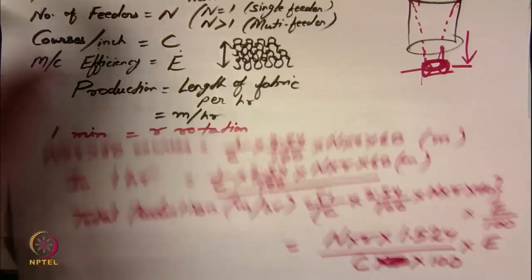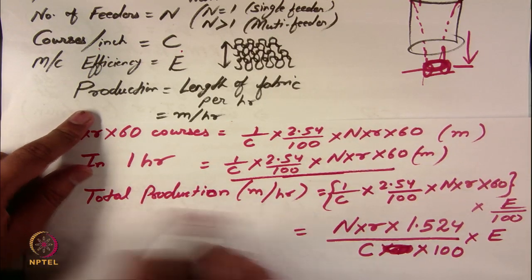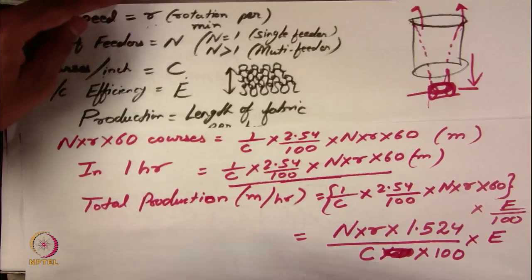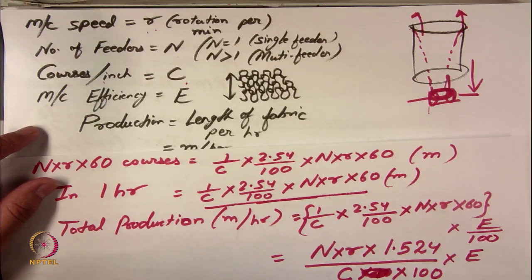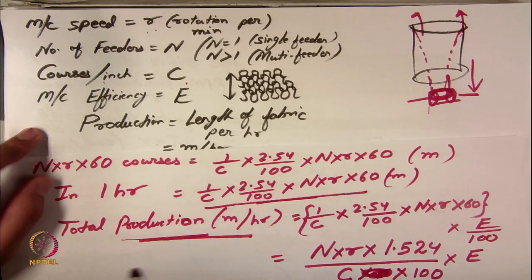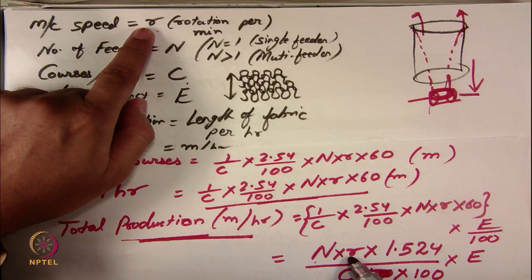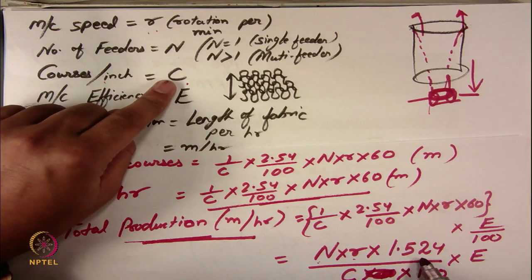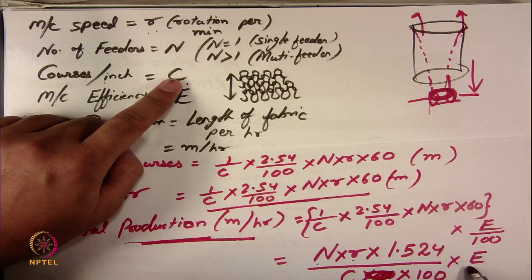So, you can see how the production is connected. The total production is connected with N, the number of feeders, R is the machine speed in RPM, this is some constant, C is the courses per inch, and E is the efficiency.